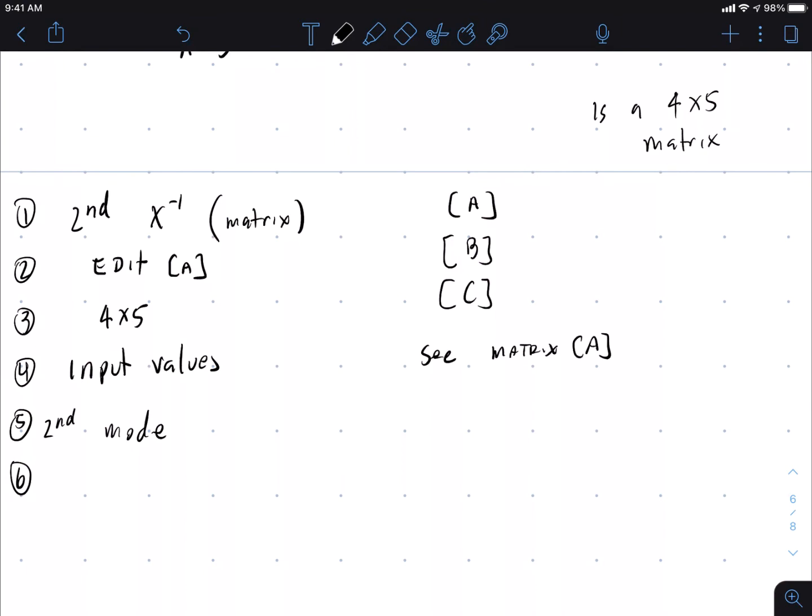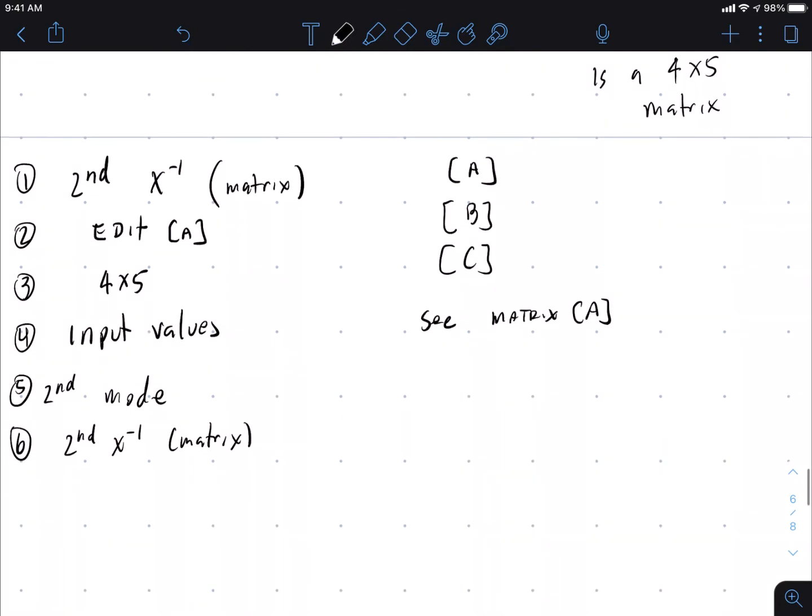Then we'll go back to the matrix again. So you'll go back to second x to the negative 1 to get back to the matrix, right? Hold on, let me make sure I'm right. Yes, you'll go second matrix, and then you're going to shift to the right to math, highlight math.